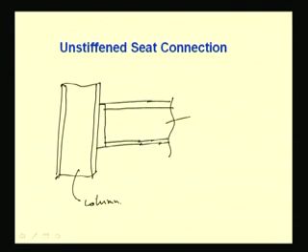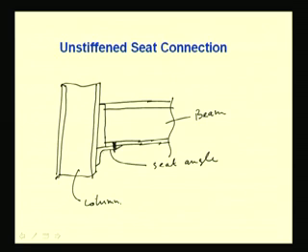This is the beam, and this has been riveted or bolted, and this is called the sheet angle.